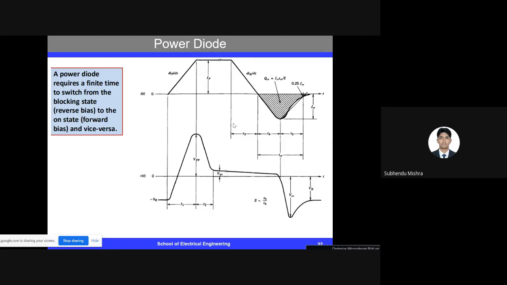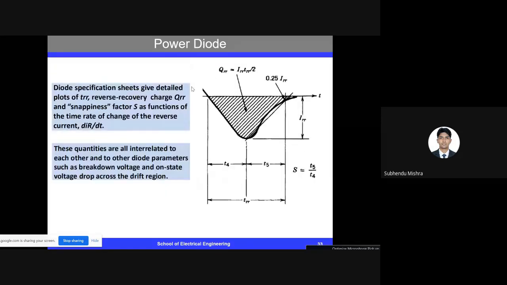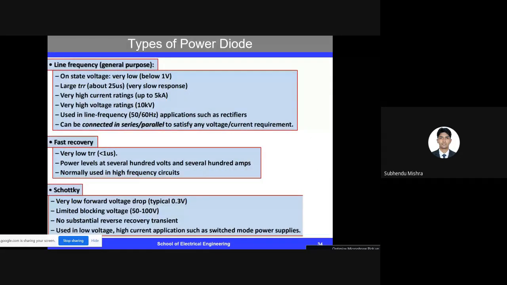Then you also need to know the surge current, which is the instantaneous increase in the current that the diode can handle. So these are various parameters that we take into consideration when we talk about power diodes.